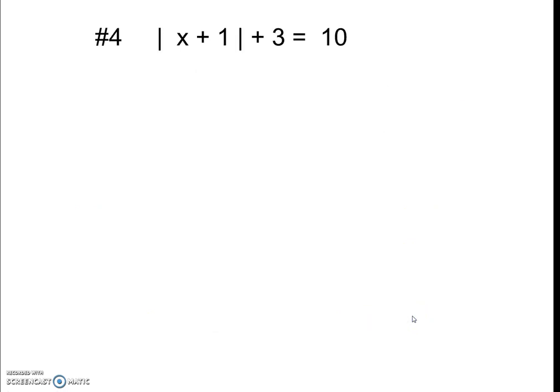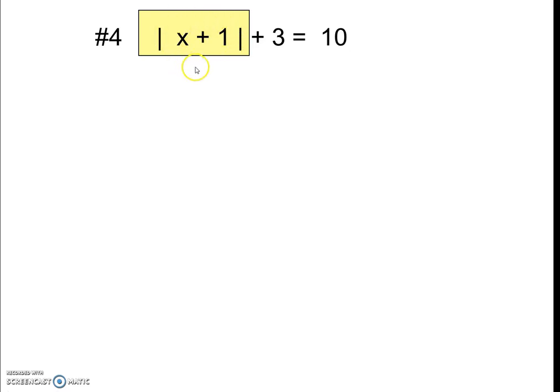All right, let's make it a little bit harder. The one thing that has to happen for me to write my two opposite equations is for me to get my function alone. And my function is absolute value, which means it's this thing right here in the yellow box.